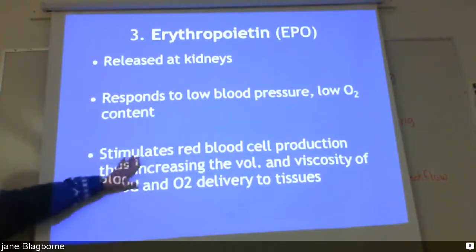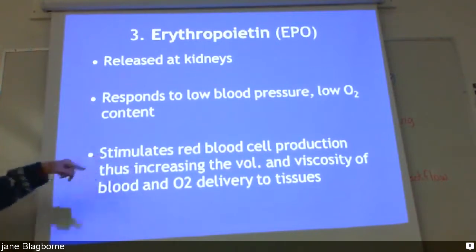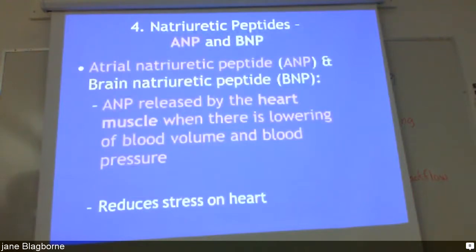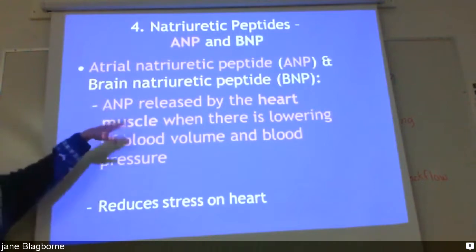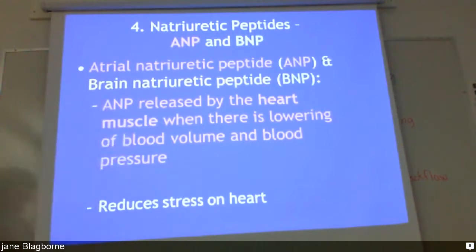This would be something you would be interested in if someone was hemorrhaging or bleeding, right? You want to increase or stimulate the red blood cell production. And you guys have already written that down. You've been good, you've already written it down.